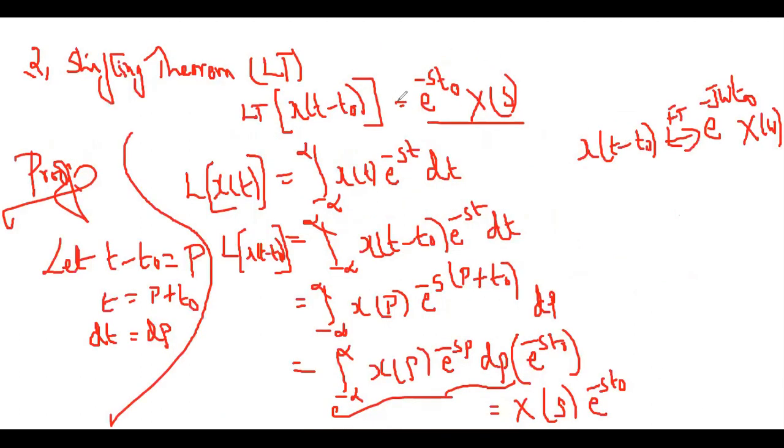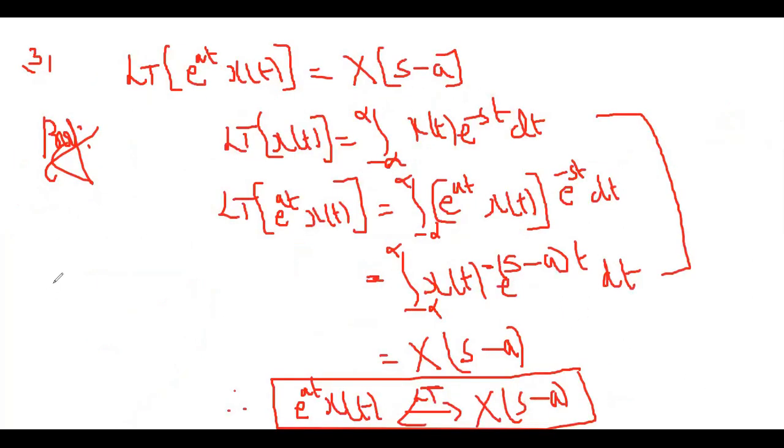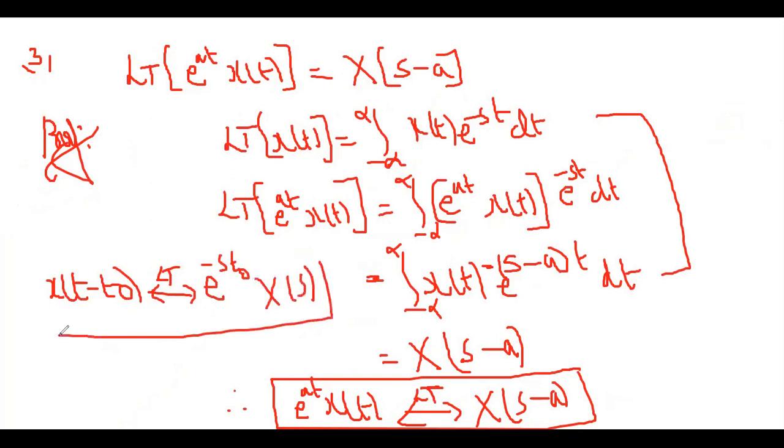But in the time shift, the time domain is shifted with t0 samples and the frequency domain signal is multiplied with the negative exponential e power minus s into t0. I'm saying that for x of t minus t0, the Laplace transformation is e power minus s into t0 times X of s. Observe these two.